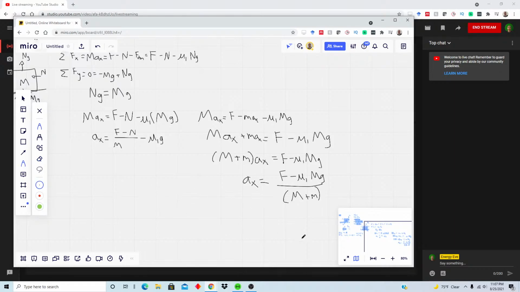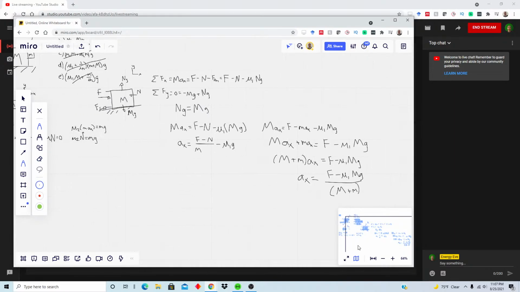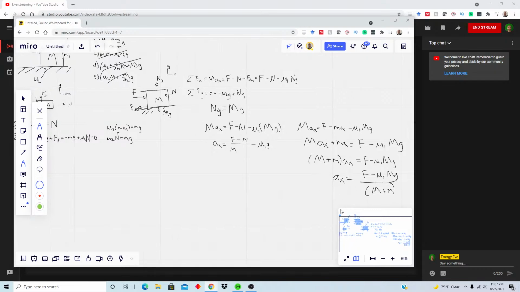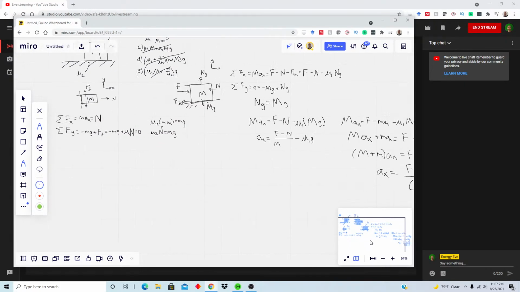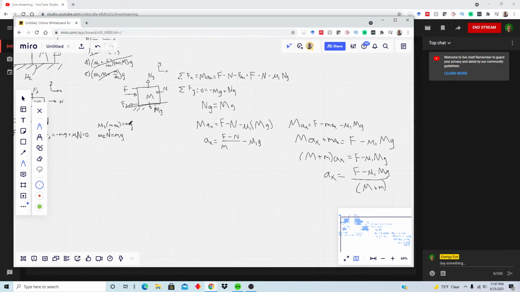Okay, so even though we would think, oh, we have to plug this into the other one, we could actually just go the other way and actually plug this mess into here. It might make it a little easier. So I'm just going to rewrite this part over here. So this is mu 2 m ax is equal to mg. So let's actually solve for ax and then just plug it here. I think that might make our life a little easier.